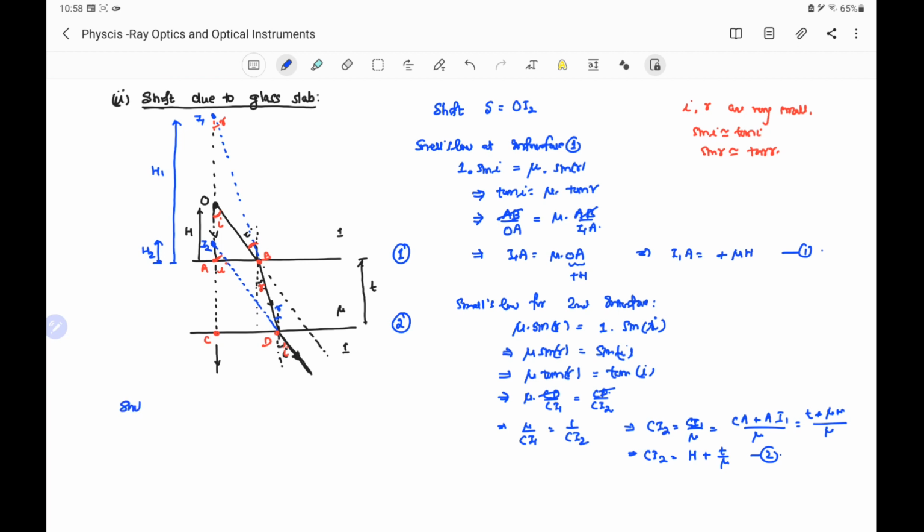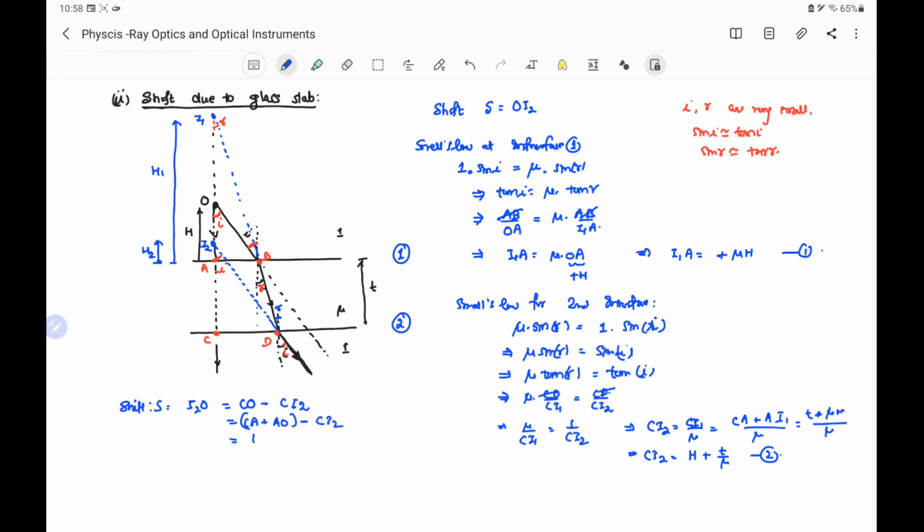Therefore, the shift S is equal to I2O, and I2O will be equal to CO minus CI2. CO is the distance CA plus AO, minus CI2.